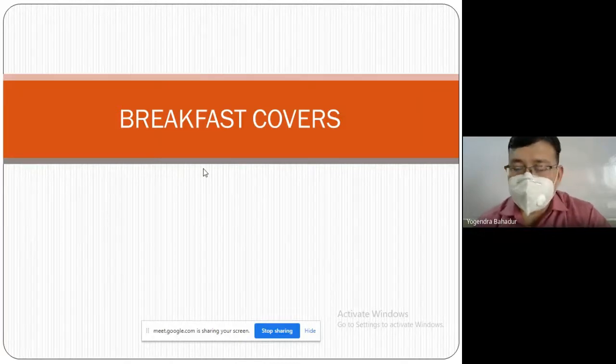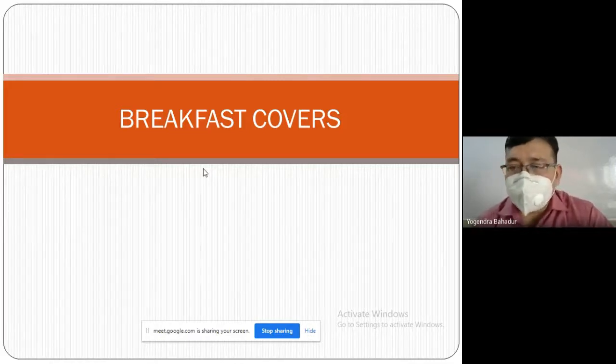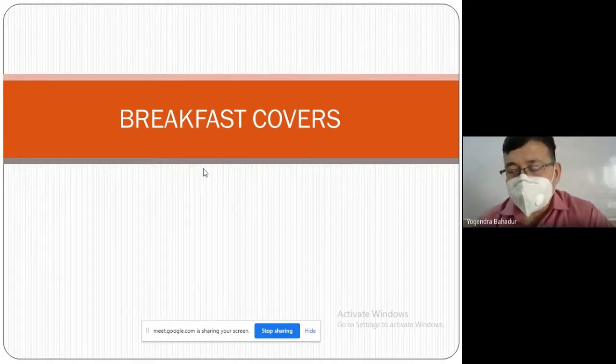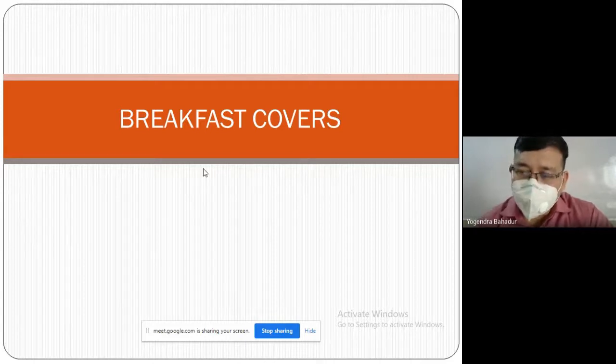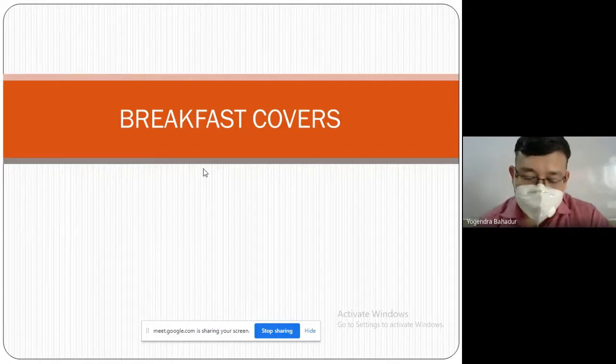In the breakfast cereals, porridge can be served, oatmeal can be served, cornflakes can be served, wheat flakes can be served, choco flakes can be served, rice krispies can be served, muesli can be served. So these are some examples of the cereals which can be served.